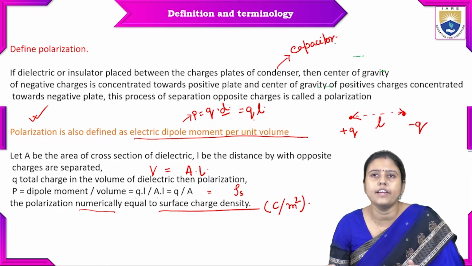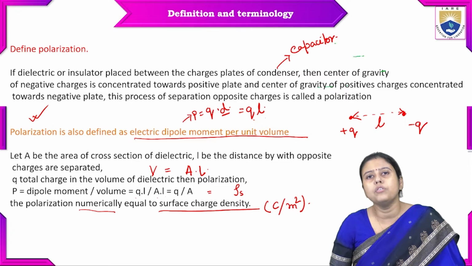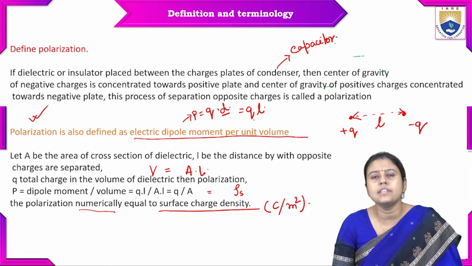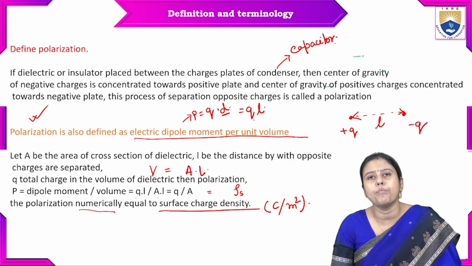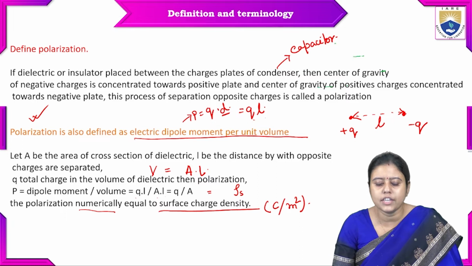Polarization can be defined as the electric dipole per unit volume. So volume, if the cross-sectional area of the plates is A and the distance is L, is equal to A into L. What is the electric dipole? Electric dipole means if two equal and opposite charges are L unit apart, then we can say the dipole moment P is equal to Q into L. So what is the polarization?